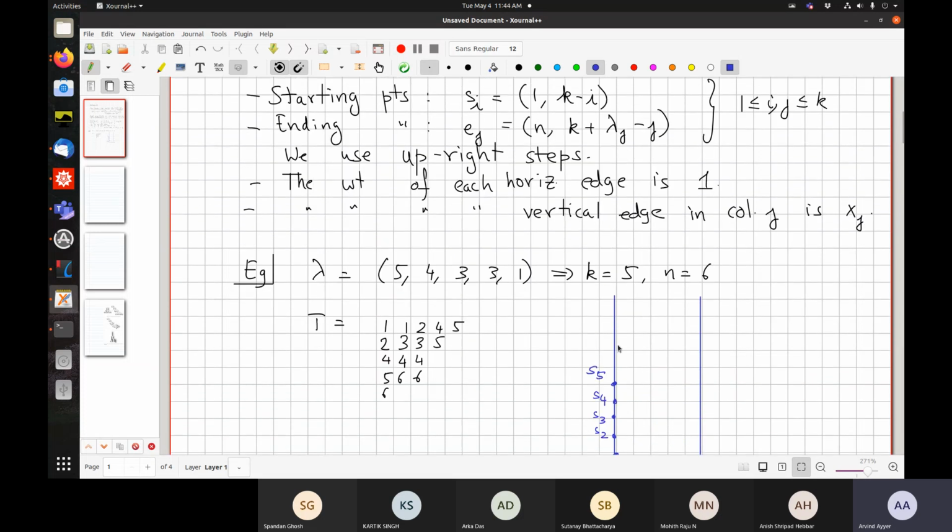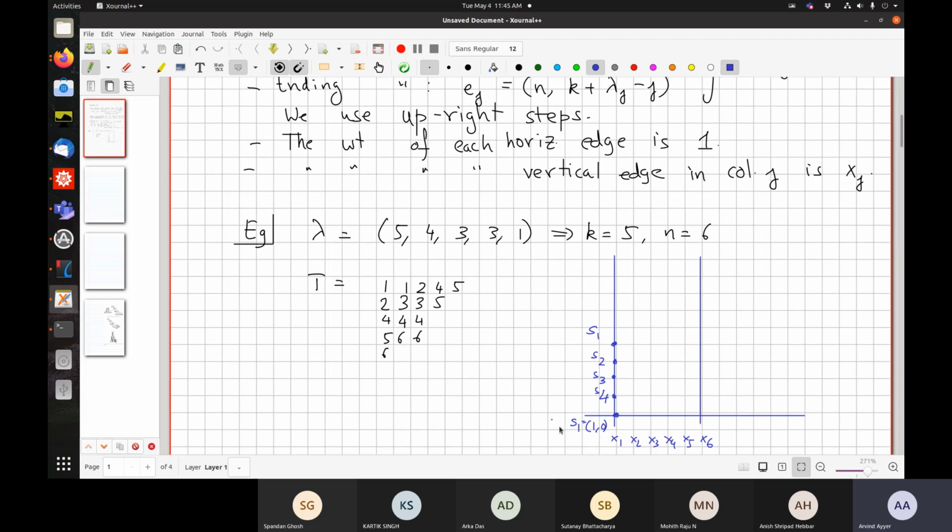Let's see what the ending points are. Oops, sorry, that was wrong. I was going downward. So this is S1, S2, S3 remains the same, S4, and this is actually a mistake.